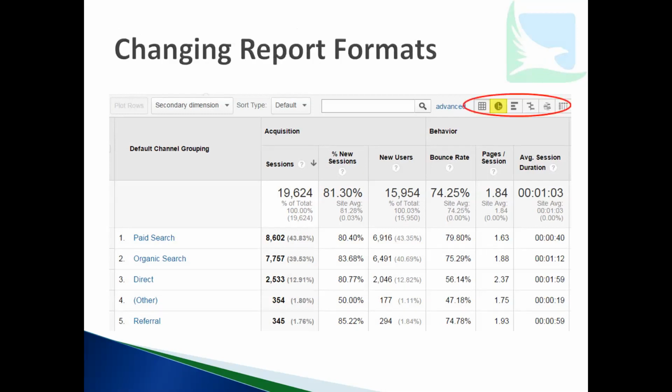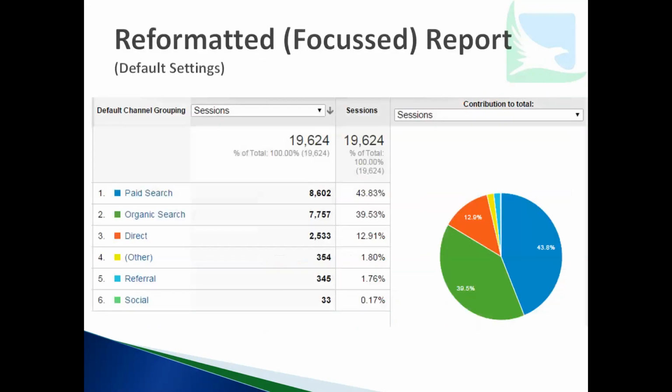You can change the format of the reports. If you go up in the upper right, when you're on your Google Analytics, you'll see this in the upper right that allows you to change the format of the table. So what I did was I changed it to show me how many people came from each traffic source. That's what we wanted to know.